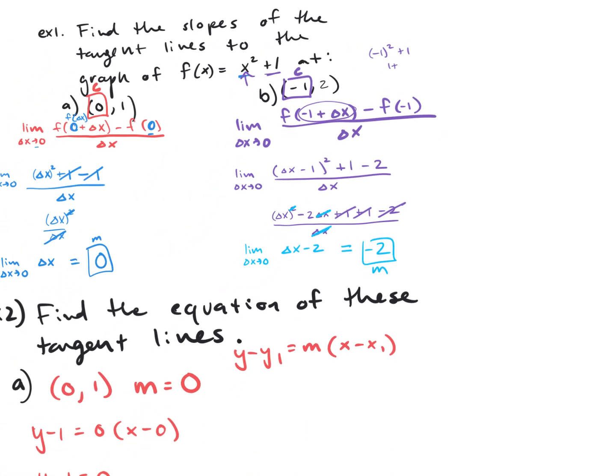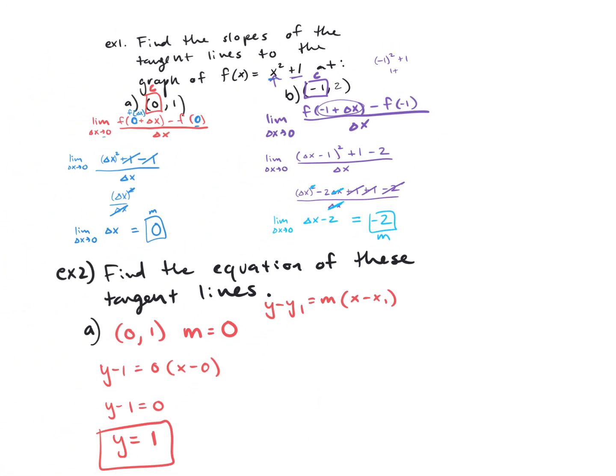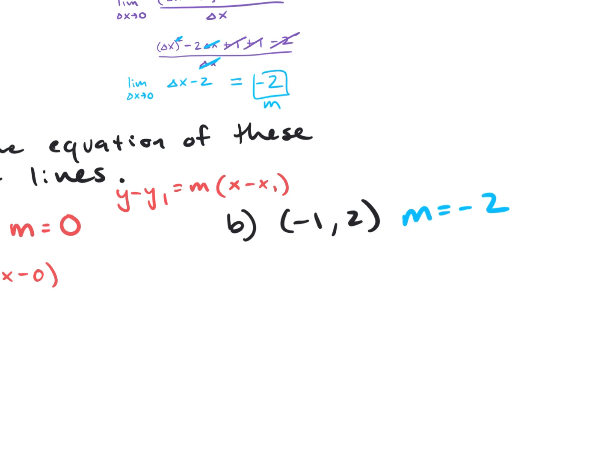Right, let's do the second part of this question. So B was through the point -1, 2. So given a point, what was our slope? -2. Given a point and the slope, we can use our point-slope form. Plug it in.